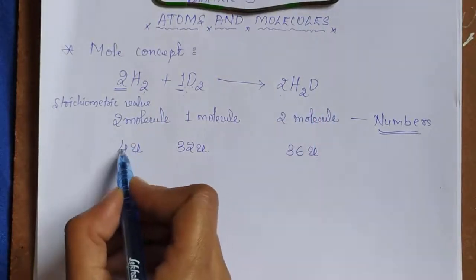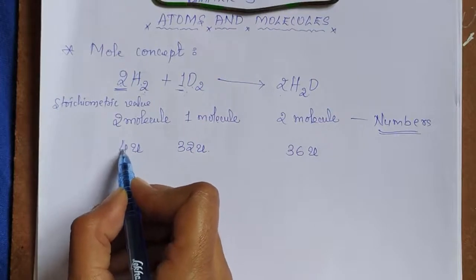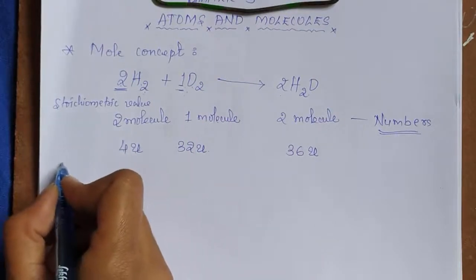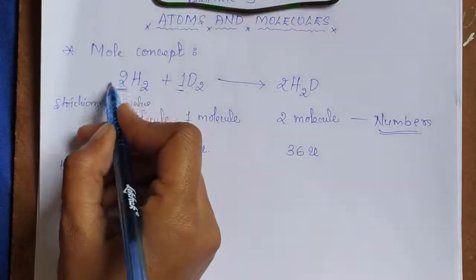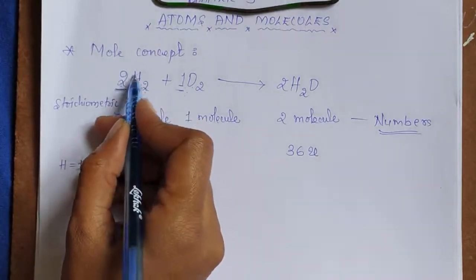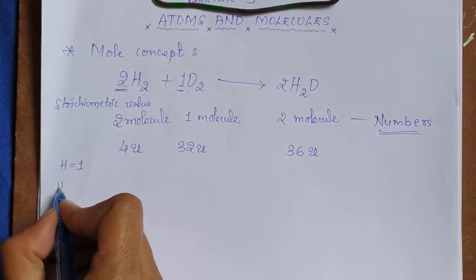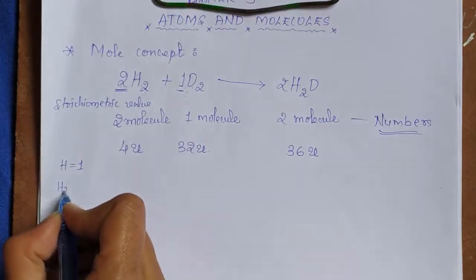Here, 4 atomic mass units: we know that the atomic mass of hydrogen is 1. See how many hydrogen atoms are there. In one hydrogen molecule, 2 hydrogen atoms are there.